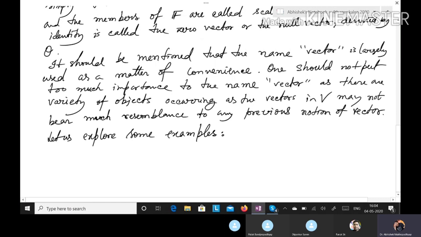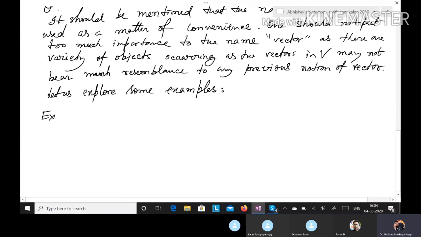So let us explore some examples. First we consider any field, because we have already discussed many examples of fields.